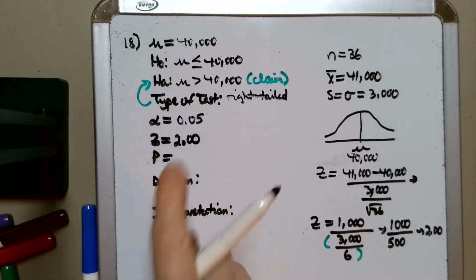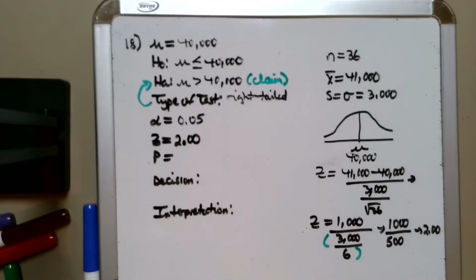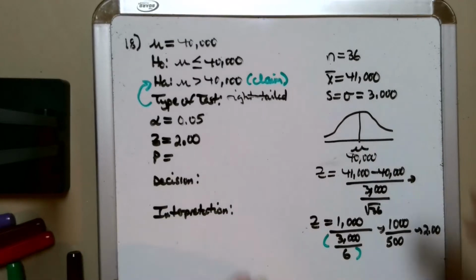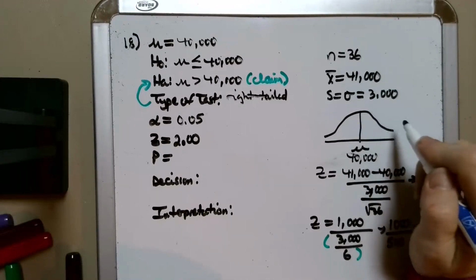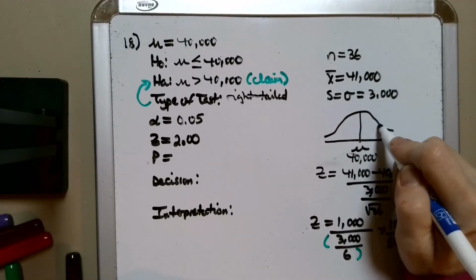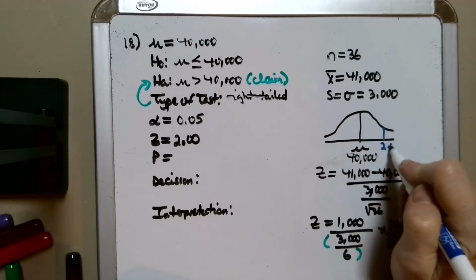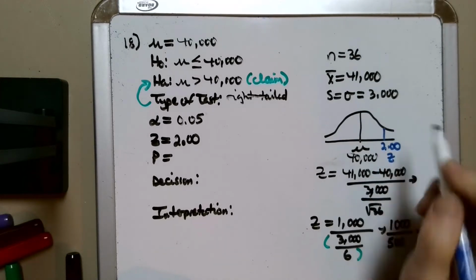So I'm going to go over here and put this here so that I can find that information when I need it. Okay, so now I'm going to find my p-value, and the way I do that is by drawing and shading a right-tailed test because that's going to be our region here. So I'm going to take that z-score of 2.00, and it's a right-tailed test.